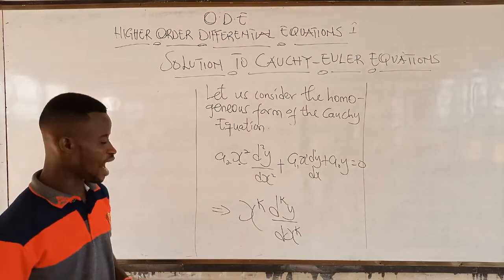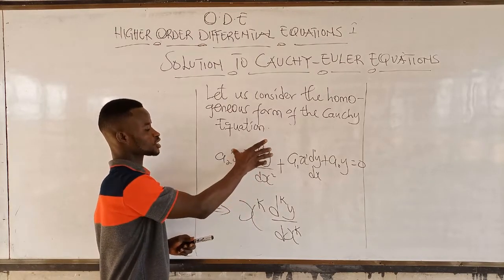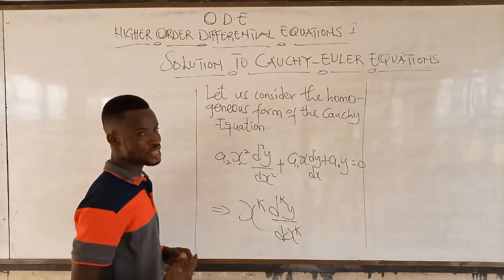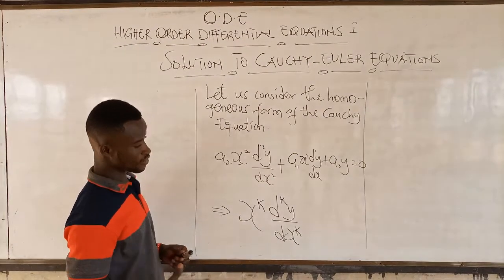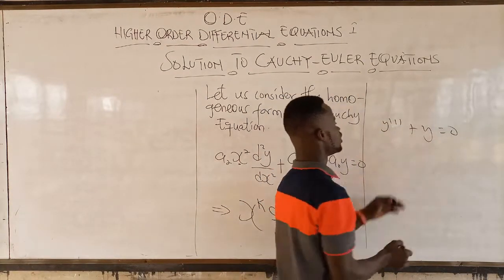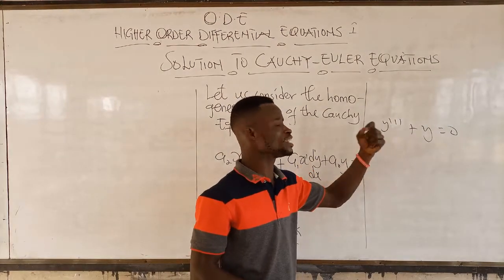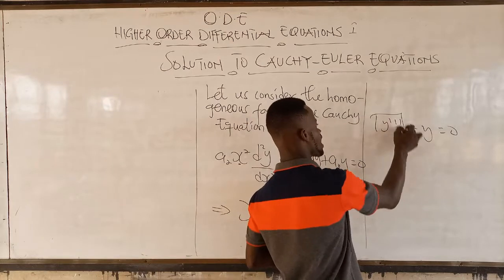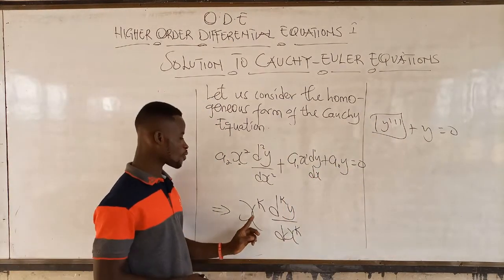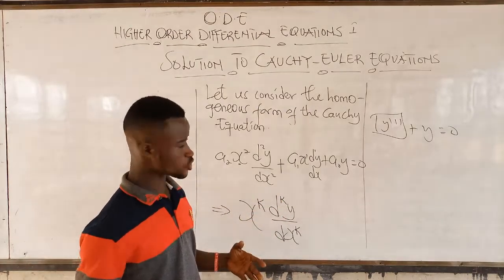In general, we always focus on the first one, which names the order, because even if you have y prime plus y equal to 0, it is still a first order equation. So we always consider whether the power of the variable is the same as the order of the derivative. That is all.